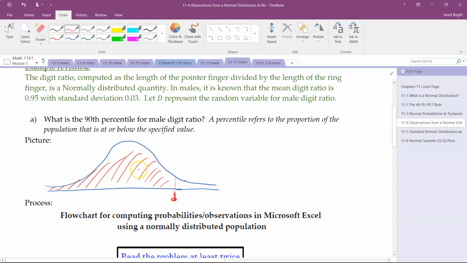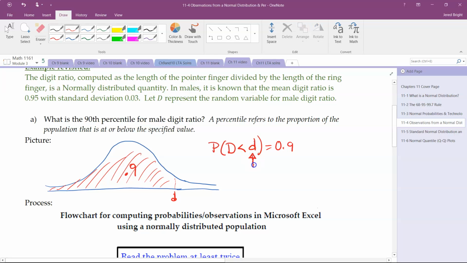So this would be the 90th percentile. This would be 0.9 of the area, or 90% of the area would be left of that observed value. We could write this as a probability statement: the probability that the random variable D is less than the observed value of d is 0.9. So I want to find this value.